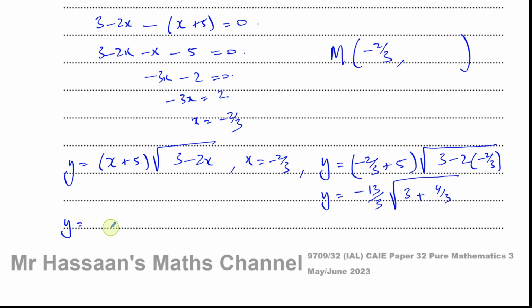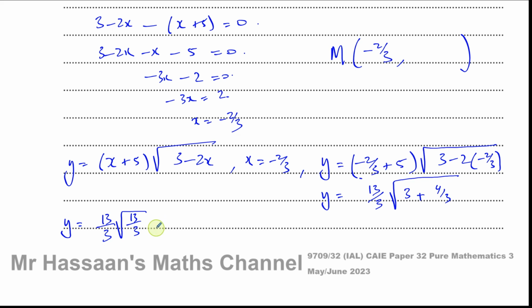So y equals 13 over 3 times the square root of 9 over 3 plus 4 over 3, which is 13 over 3. I wrote a minus on the 13 over 3 by mistake, because it's 15 minus 2, which is positive. Excuse me for that. So that's positive.